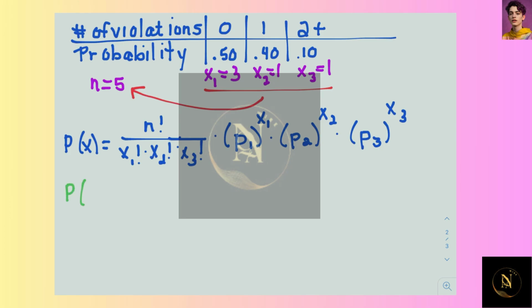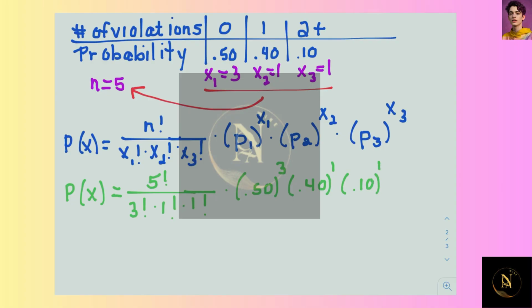So the probability of this occurring, where when we select 5 trucks, we get 3 that had no violations, 1 with 1 violation, and 1 with 2 violations, would be n factorial, so in this case it's 5 factorial, over x sub 1 factorial, multiplied by x sub 2 factorial, multiplied by x sub 3 factorial, and multiplied that by the probability of the first event, which is 0.50, raised to the x sub 1 power, multiplied by the probability of the second event, raised to the x sub 2 power, multiplied by the probability of the third event, raised to the x sub 3 power.